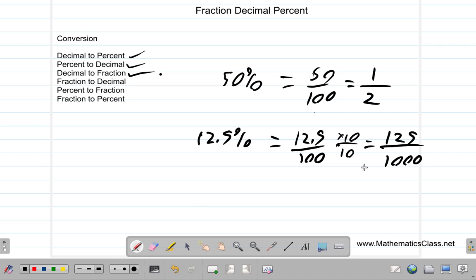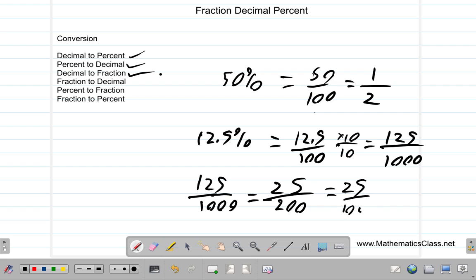Right? And then you can do your conversion. You cancel down 125 over 1000. 5 into 125 is 25, so 25 over 200. And we saw this earlier: 25 over 100 by 2. So it's really 1/8.